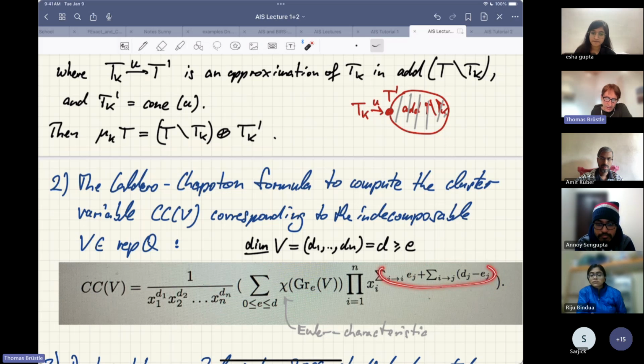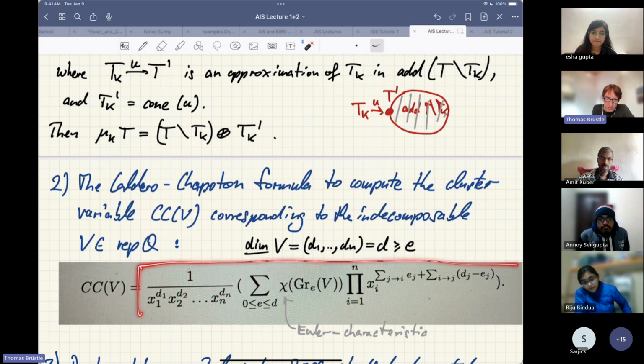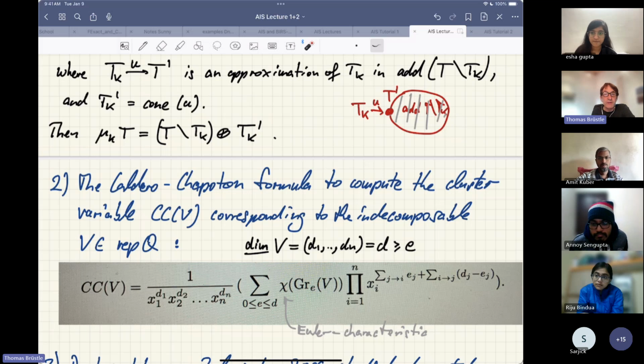These are the exponents that you get, and you obtain a Laurent polynomial, and the cluster variable corresponding to V, written as a Laurent polynomial, satisfies this formula. Okay, very good. Do you have any questions on this?